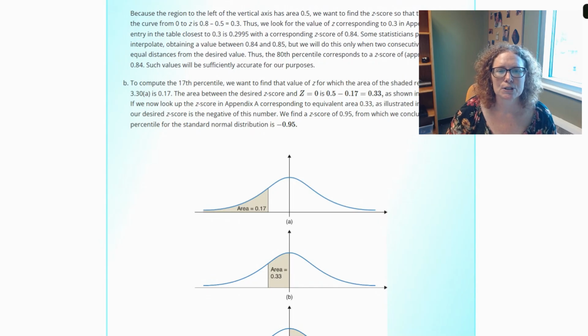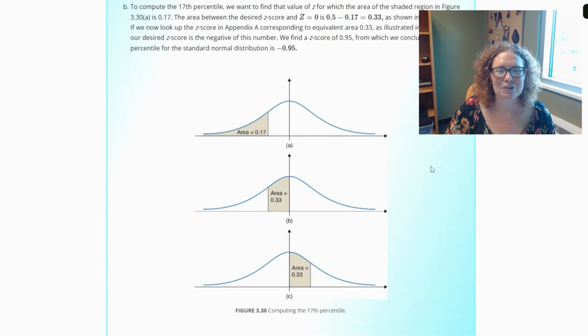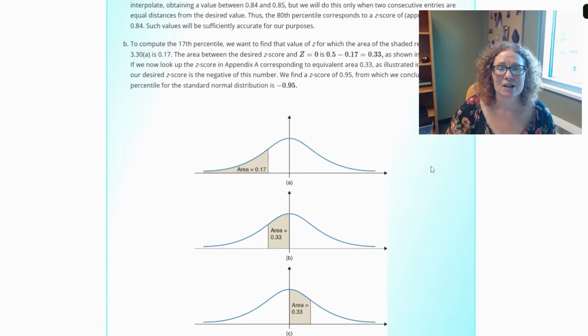So if we wanted to look at the 17th percentile here, then we want to find the value of Z for that area, because now we're looking at area. So it's between 0.5 and 0.17.